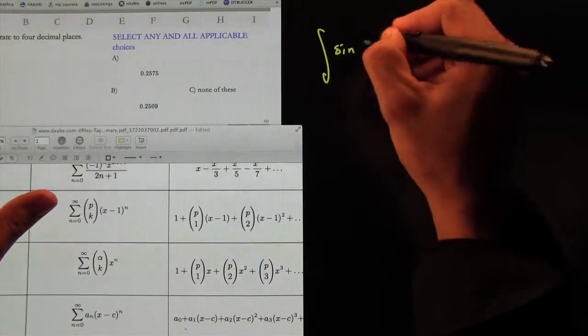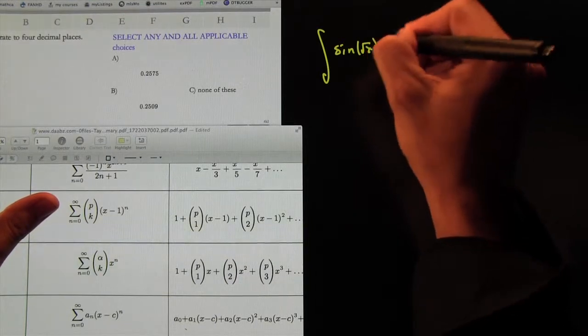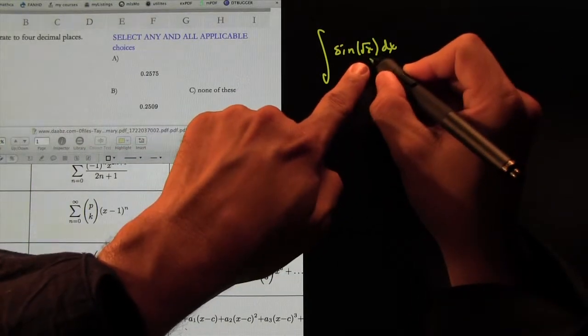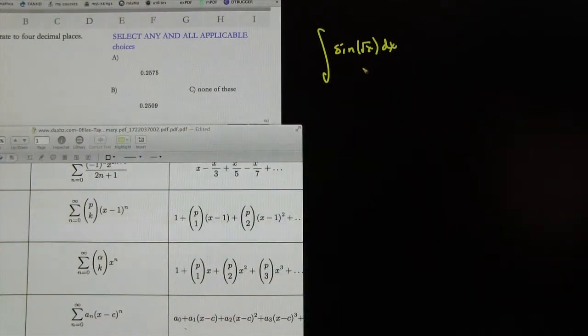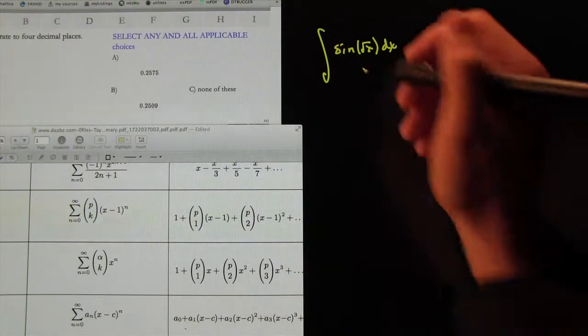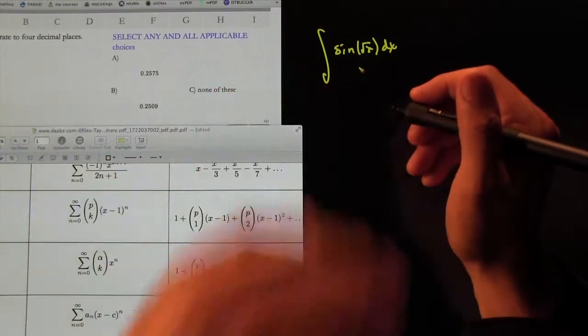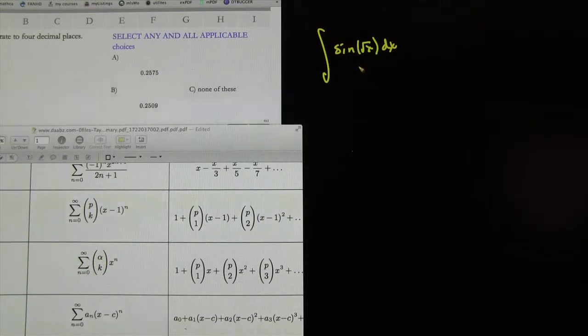If you try to do the integral of sine of the square root of x dx, this seems to be a very difficult integral. You can't do it using regular elementary functions. Actually, it takes a lot of pain to do that one.